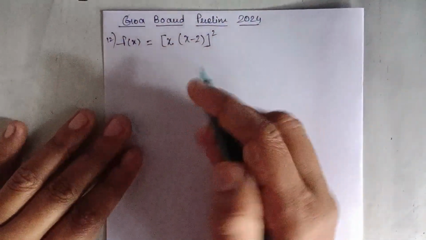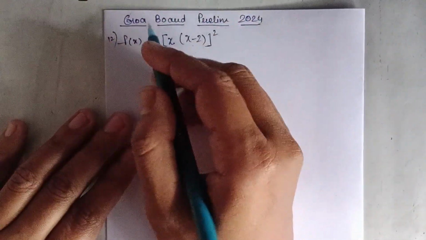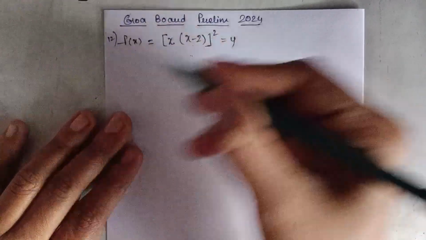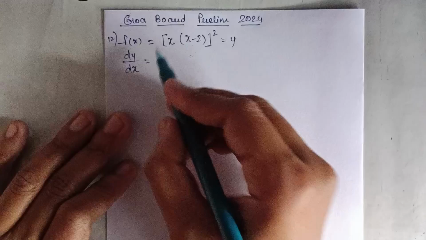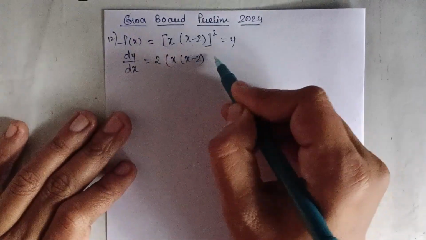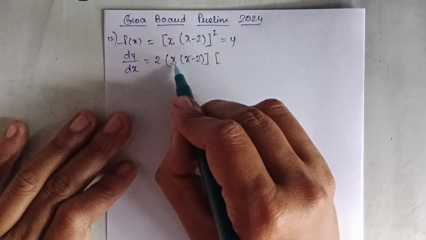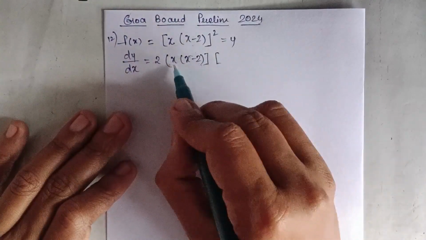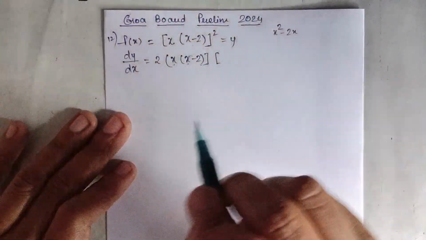So start by derivating this. So differentiate with respect to x. Suppose this is equal to y. So dy by dx is 2 x minus 2. Then you have to write the derivative of this. When you take inside it will be x square minus 2x, right?